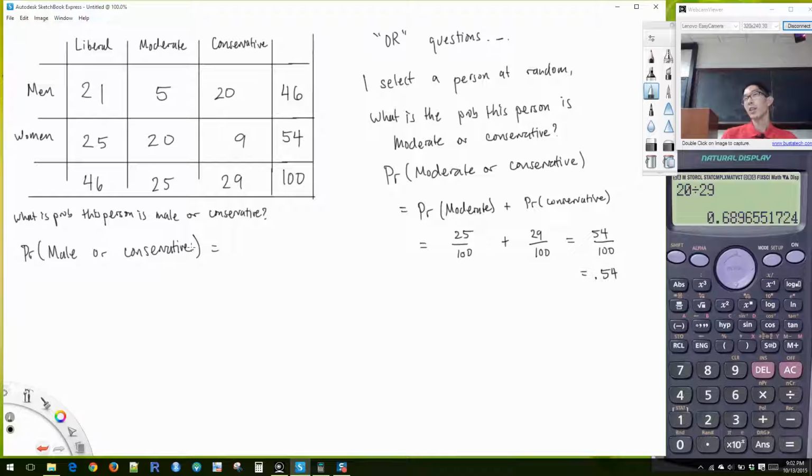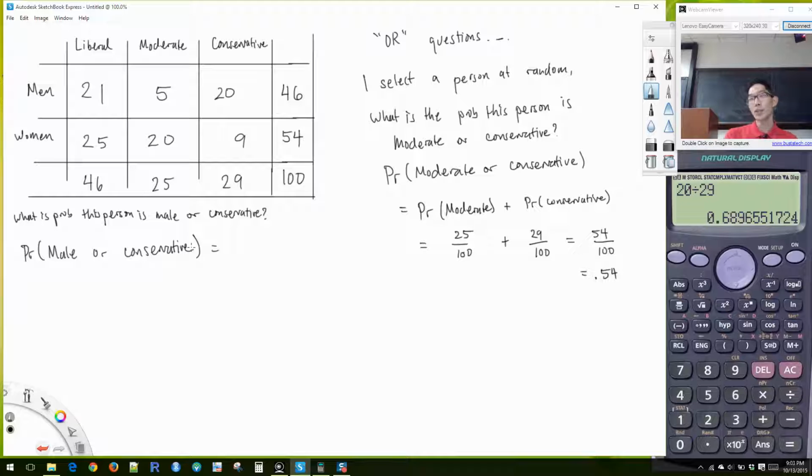But I could ask the exact same words, and if I change my intonation, it changes the meaning of the question. I could say, do you like chocolate or vanilla ice cream? And you would answer yes. There's a difference here, and in statistics, we take the second meaning of the word.